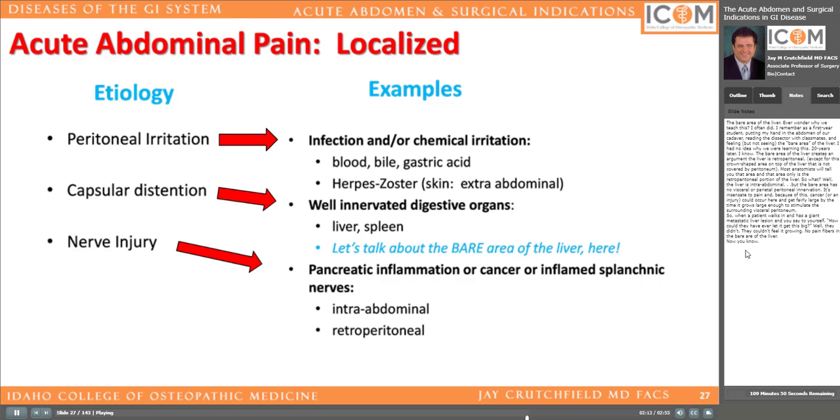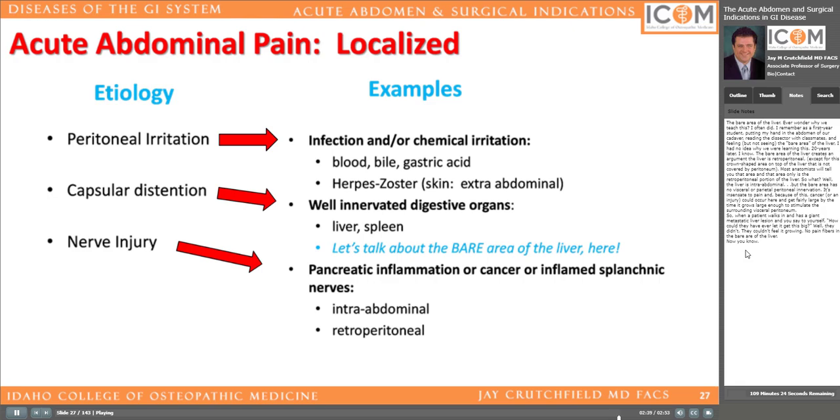They say the liver is intra-abdominal, but the bare area of the liver has no peritoneum covering it. Therefore, it has no parietal innervation. It's insensate to pain, and because of this, cancer or an injury could occur here and get fairly large by the time it grows large enough to stimulate the surrounding visceral peritoneum and subsequently parietal peritoneum.